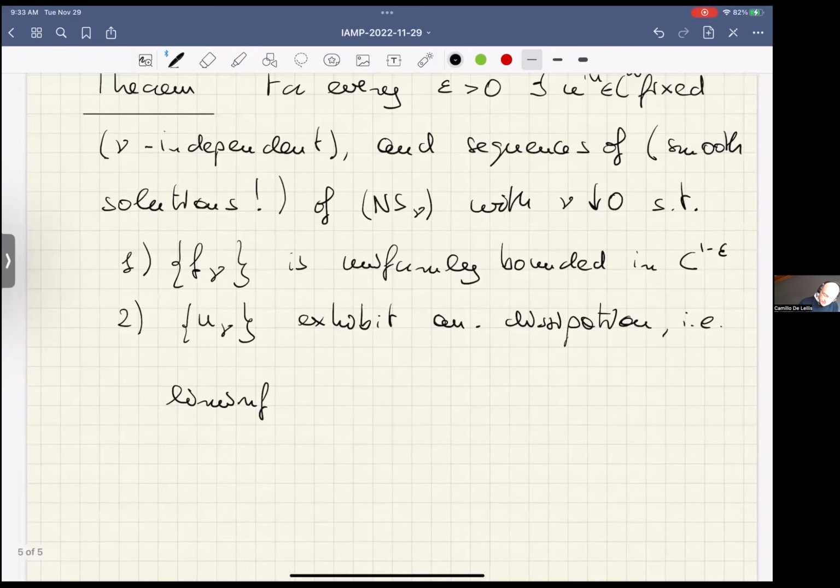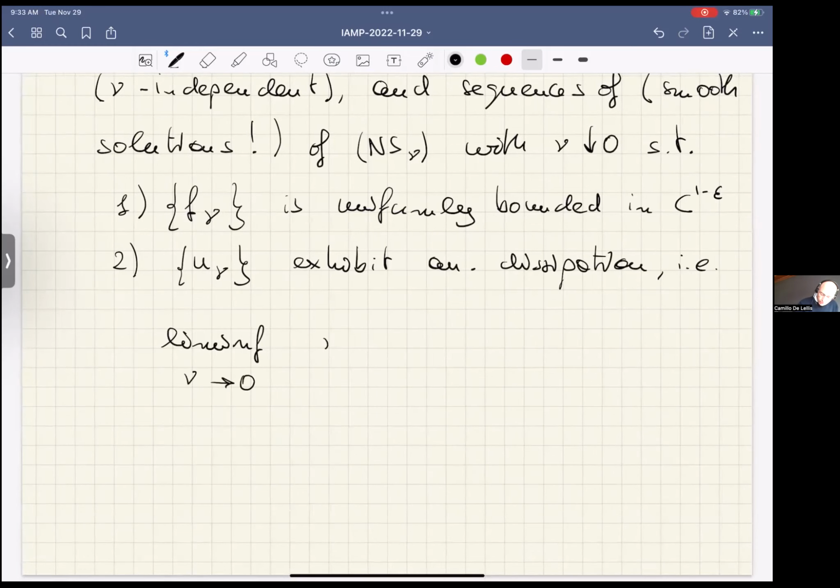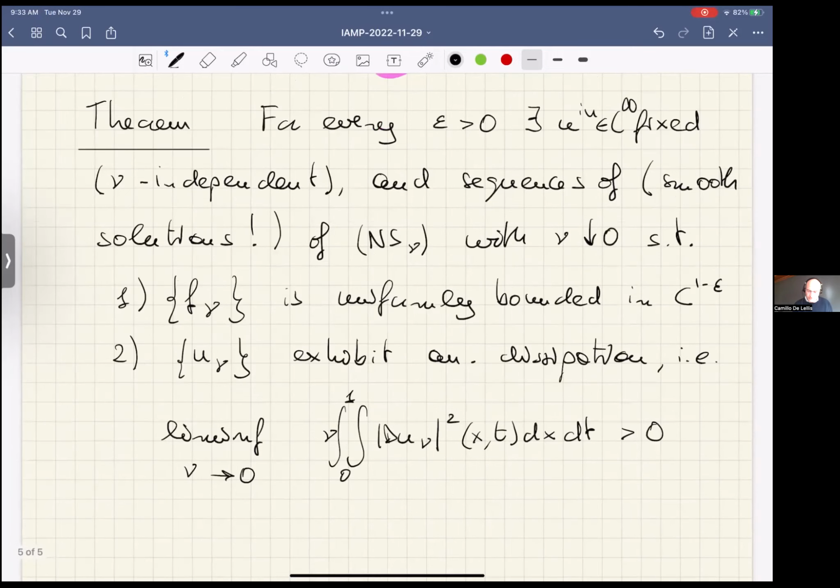So when I have the limit as nu goes to 0 of nu times the integral between 0 and 1, okay, this one stays positive.